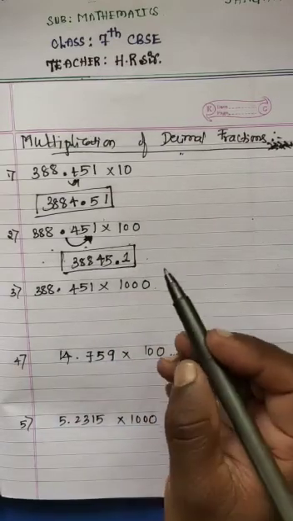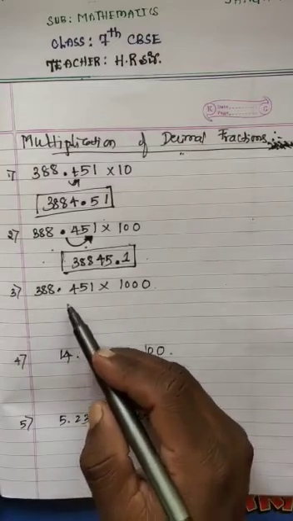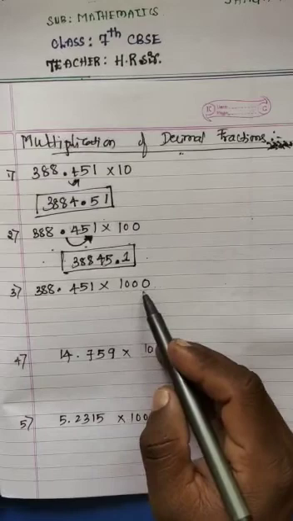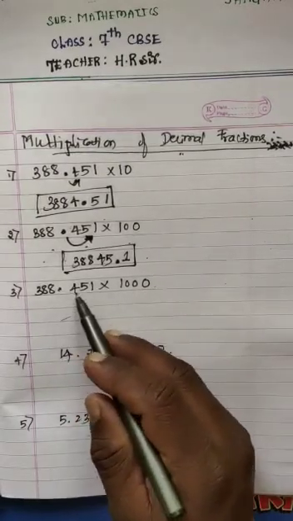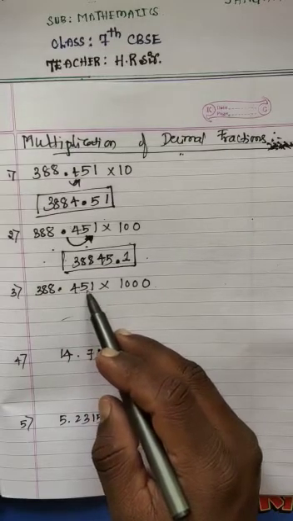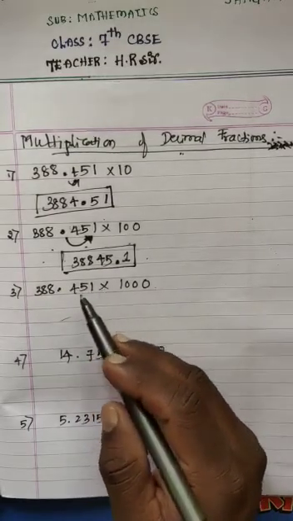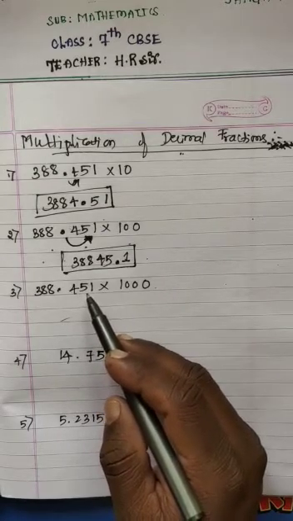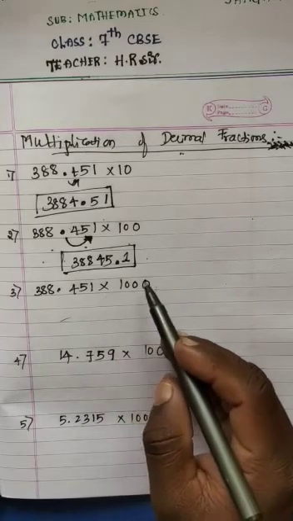When we multiply the given multiplicand 388.451 by 1000, we see that after the decimal point we have three decimal places, that is 4, 5 and 1. 4 is in the tenths place, 5 is in the hundredths place and 1 is in the thousandths place.